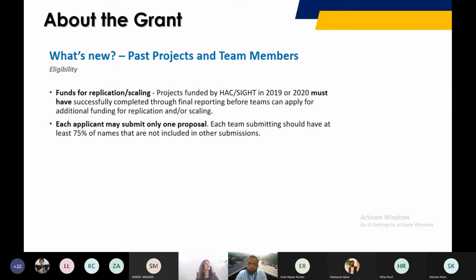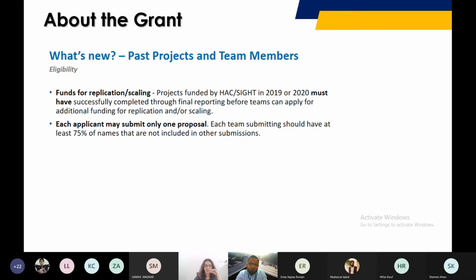At that moment there was no obligation on the team, so you could submit three proposals with the same team. But from 2020 onwards, they have proposed two things. One, the primary applicant must be the senior member.